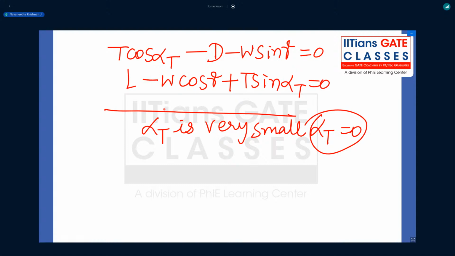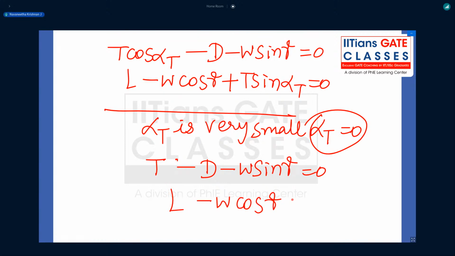So I rearrange the equations. It becomes thrust minus drag minus W sin gamma equal to 0, and lift minus W cos gamma equal to 0, because this part becomes 0, since sin 0 is 0.